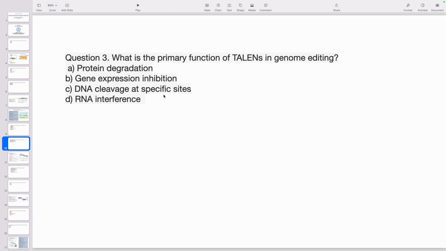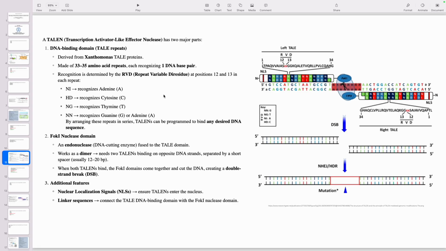So the correct option for this question is option C, DNA cleavage at specific sites. So let's look into the concept for this question. TALEN stands for transcription activator-like effector nuclease. It has two major parts. One is a DNA binding domain, which is the TAL repeat.